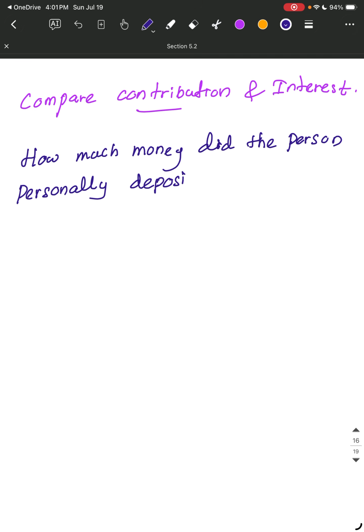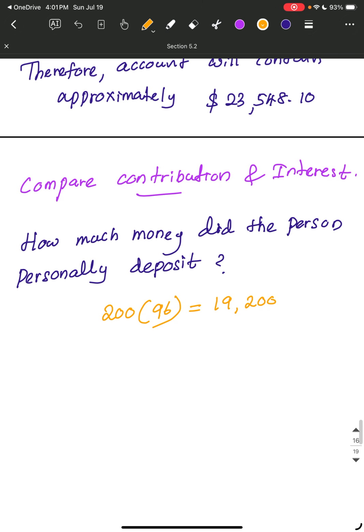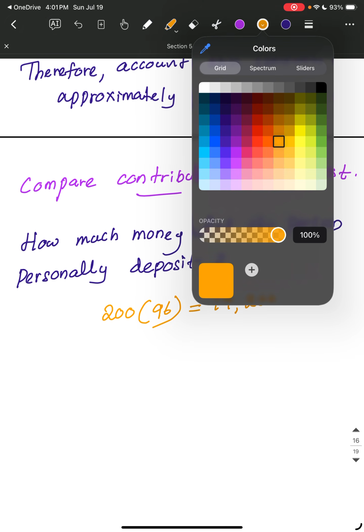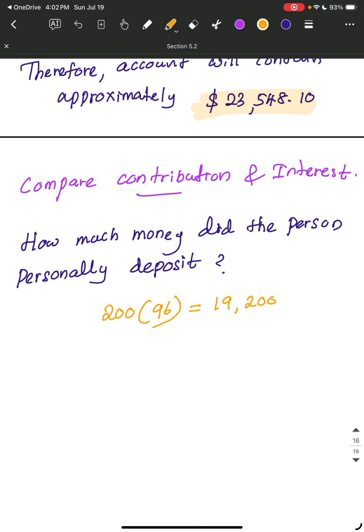So $19,200. At the end, the person's account has the amount 23,548. The person contributes $19,200.